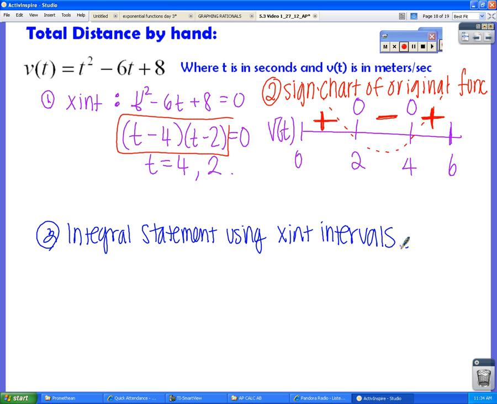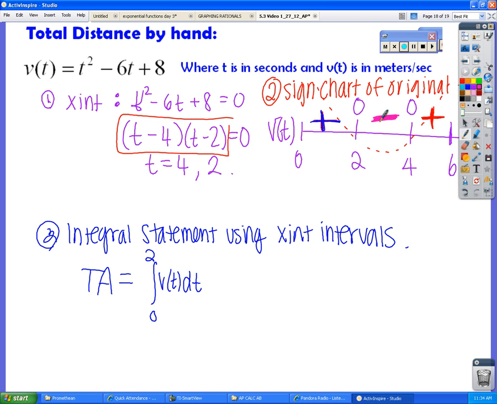And what I mean by that is that the total area would be the integral from 0 to 2 with this plus sign here, which would mean that the integral has to be positive. Then I'm going to subtract away my negative area, which would be from 2 to 4. And then I'm going to add in my positive area from 4 to 6. So this will actually give us the total area.